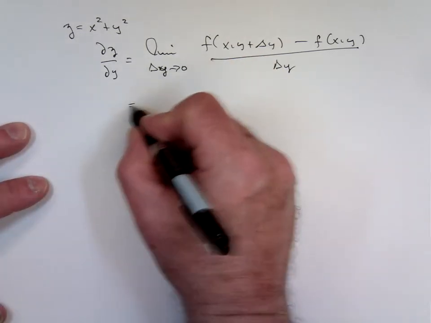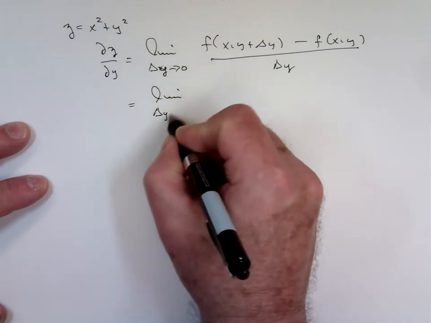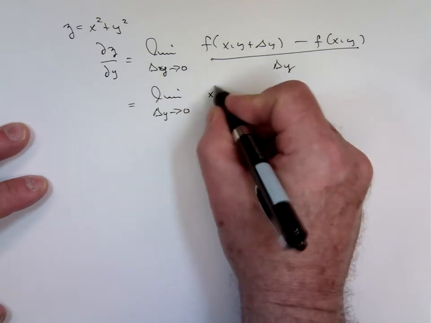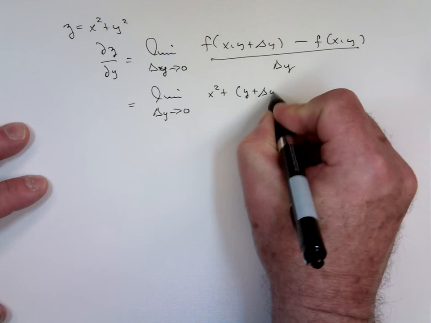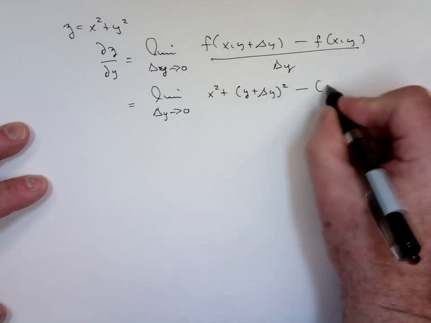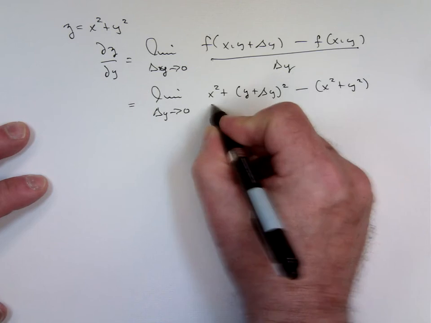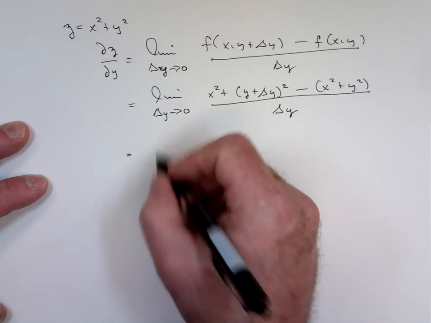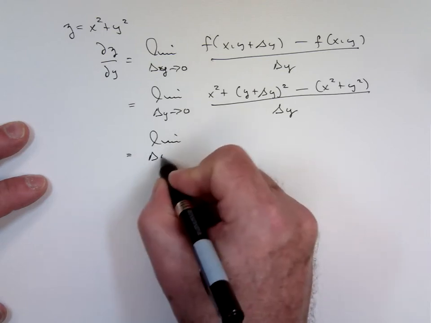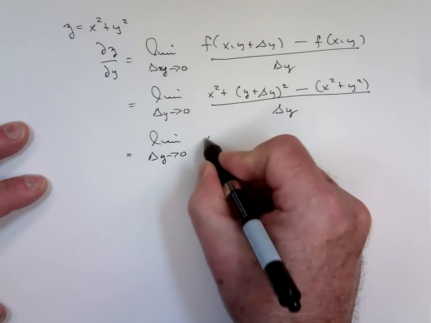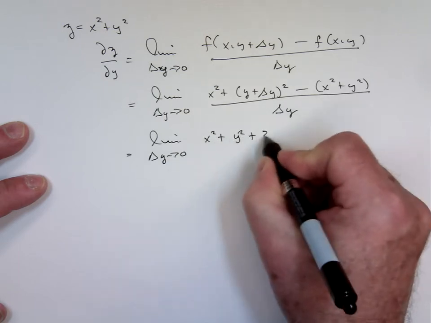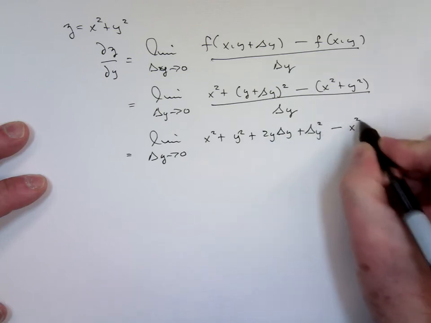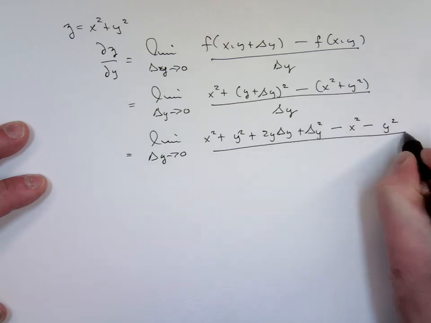That's equal to the limit as delta y goes to 0 of f of x, y plus delta y, that would be x squared plus (y plus delta y) squared, minus (x squared plus y squared), all over delta y. That's the limit as delta y goes to 0 of x squared plus y squared plus 2y delta y plus delta y squared minus x squared minus y squared, over delta y.